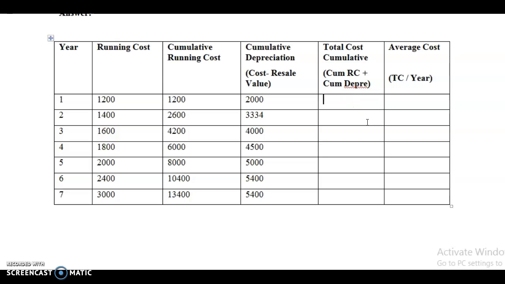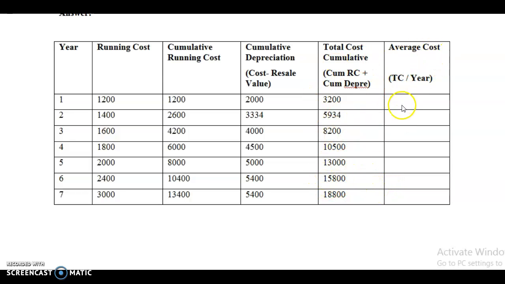For the first year, cumulative total cost is 2,000 plus 1,200, the amount is 3,200. Second year, 2,600 plus 3,334, then we get the amount 5,934. So we filled the column of cumulative total cost.